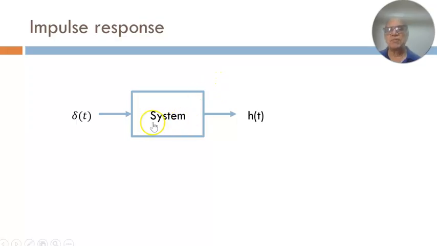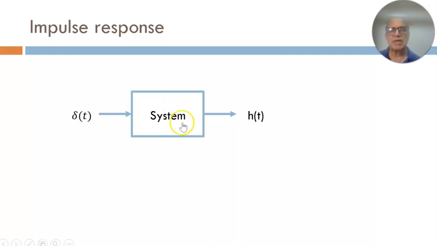Anyway, so we are assuming this system to be linear and time invariant, and this linear time invariance property we are going to apply in the derivation that follows, and I'll explain that property in a moment. You might have studied it in the theory class. Okay. So let's say the system is a linear time invariant system.